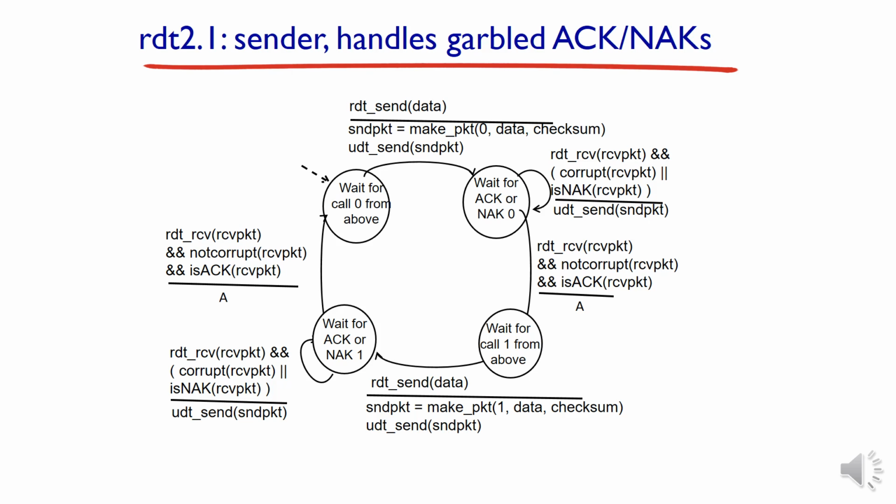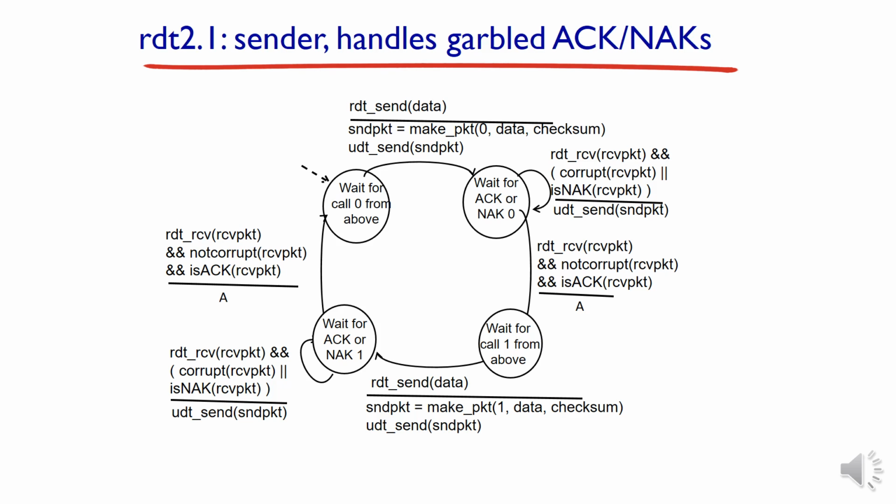The outer condition is a must, that is, an acknowledgement must be received. If it is corrupted or if it is negative, in both situations, a negative acknowledgement says that the packet was received with error. So at that time it stays in the same state, entering into a loop. That is the meaning of this.